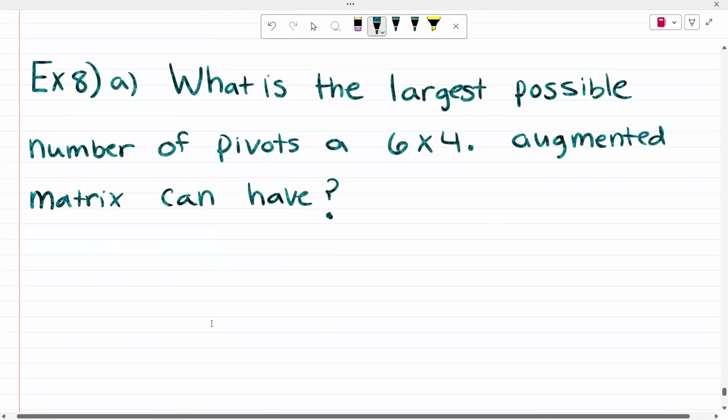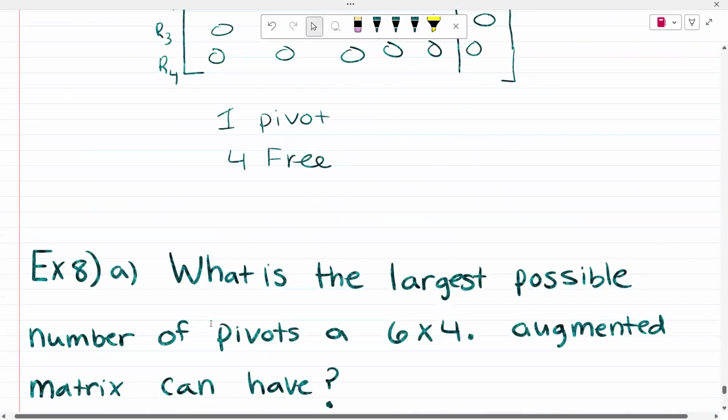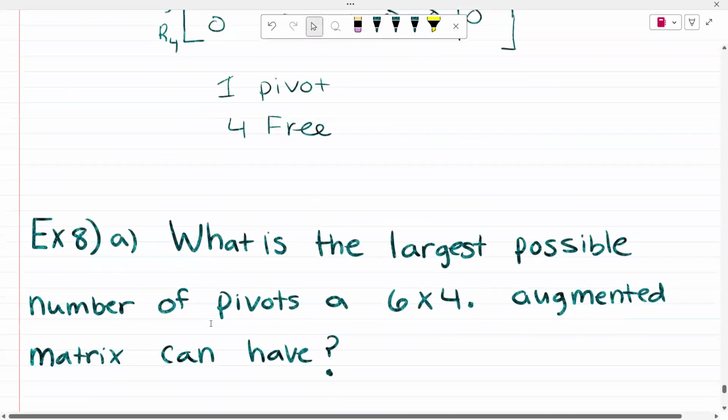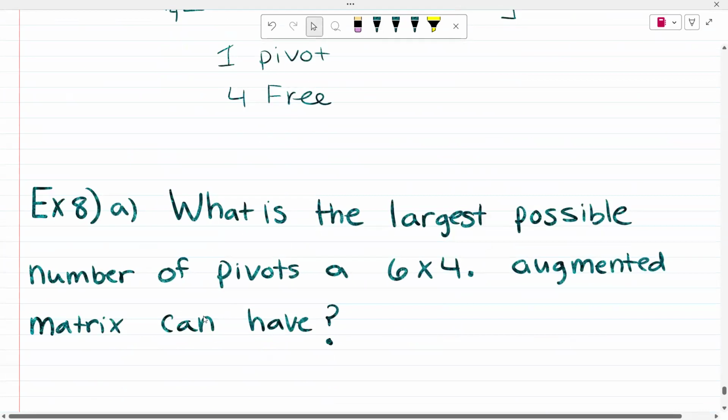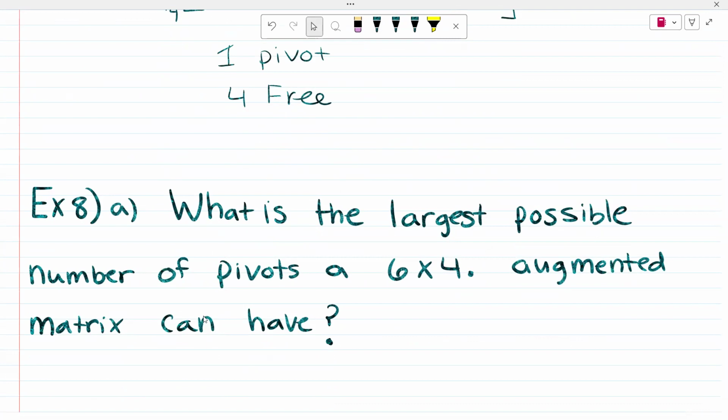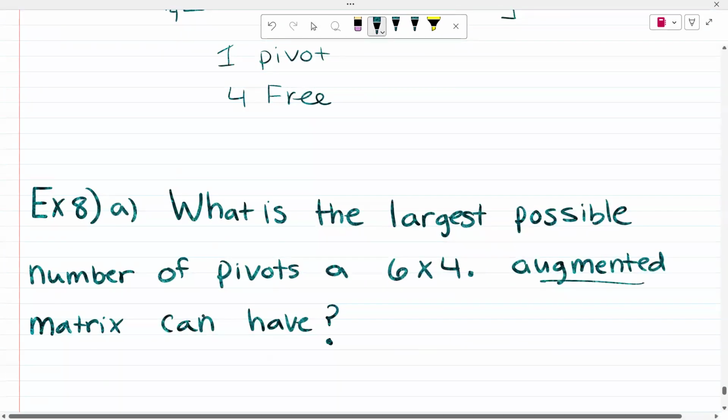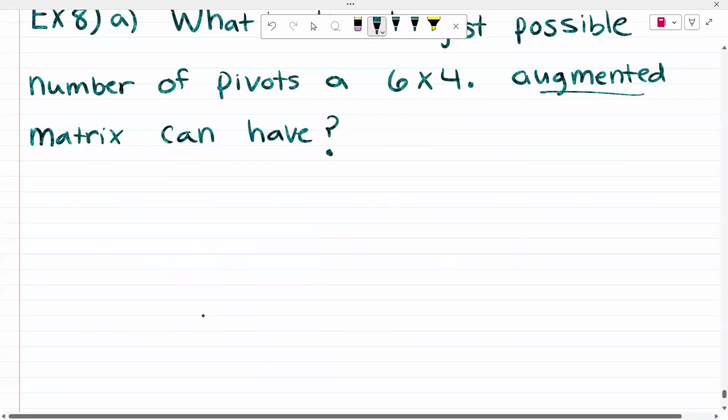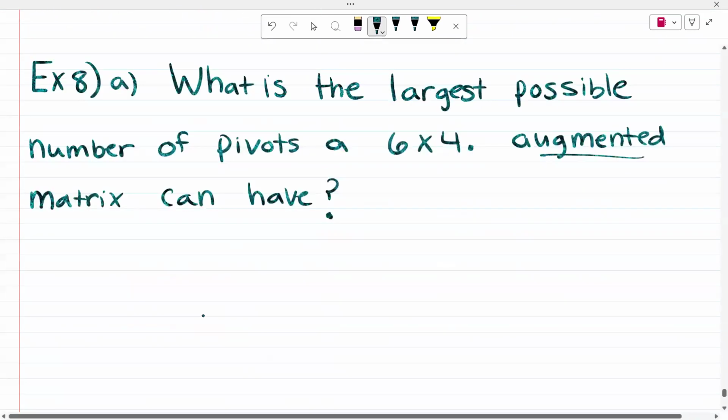Next, as example A said, example 8 says, what is the largest possible number of pivots of a 6 by 4 augmented matrix? So how would we draw this? Right, 6 rows.